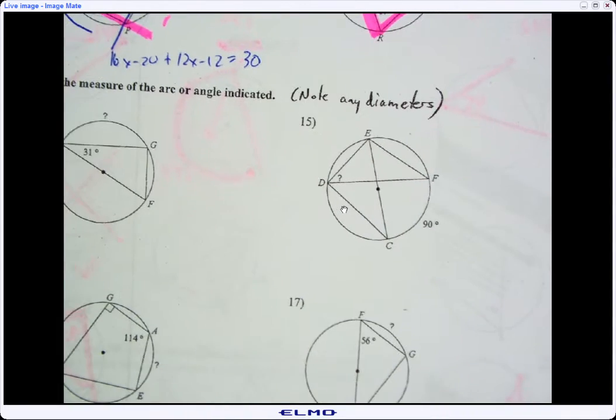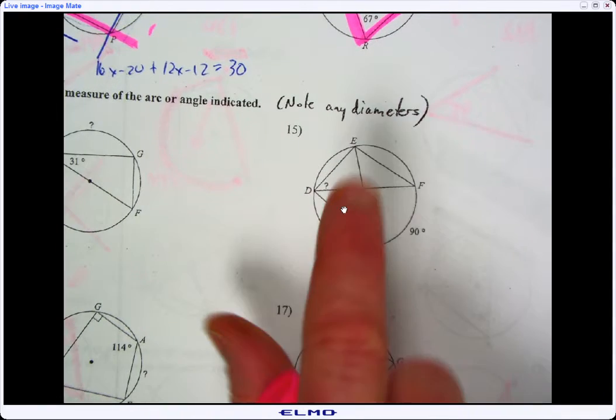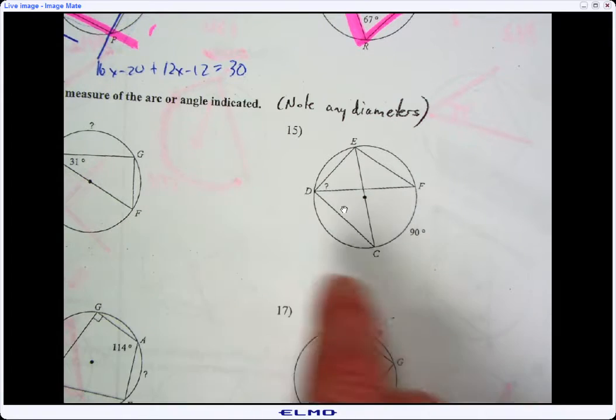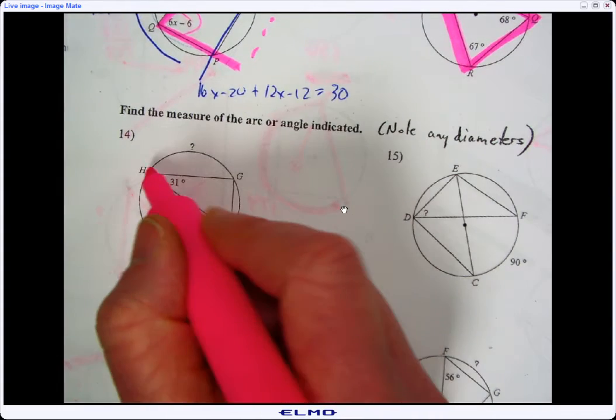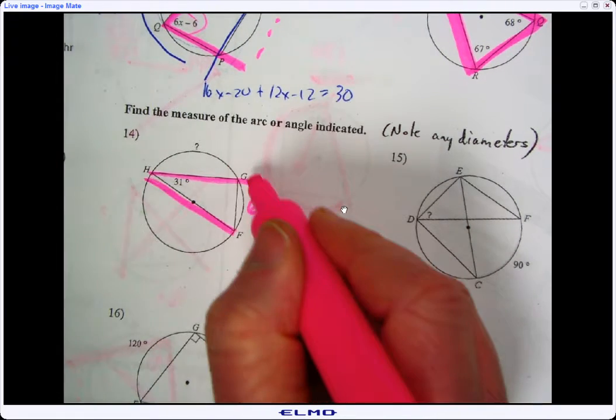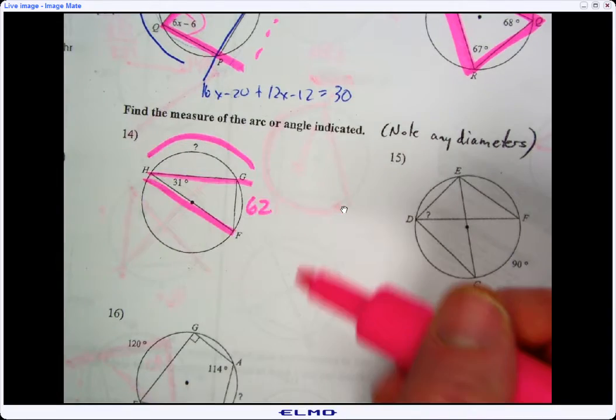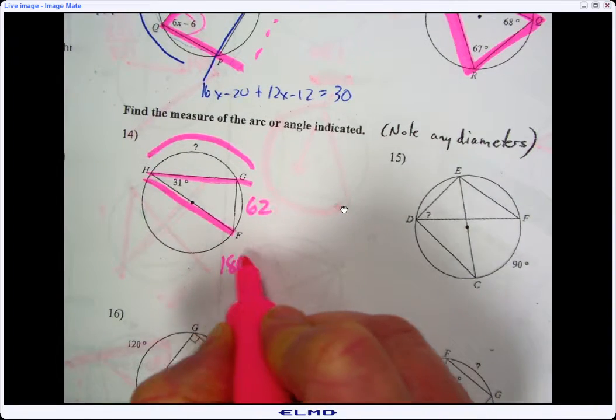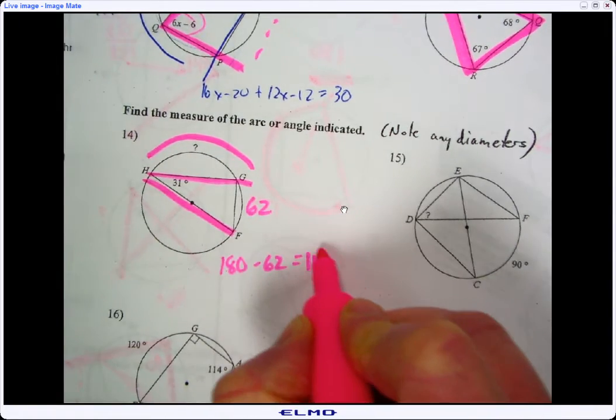I'm going to skip down to number 15. I think 14. Now we'll do 14. Extend your angle. This is 62. These 2 add up to 180. So 180 minus 62 is 118.